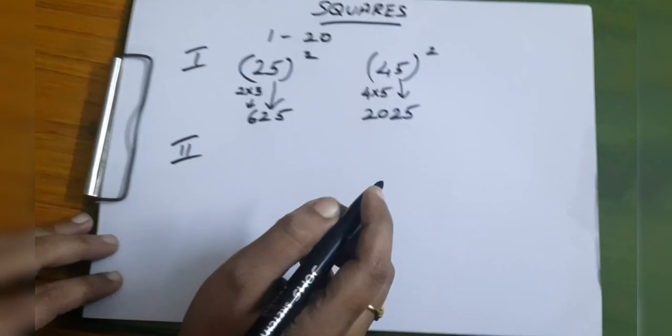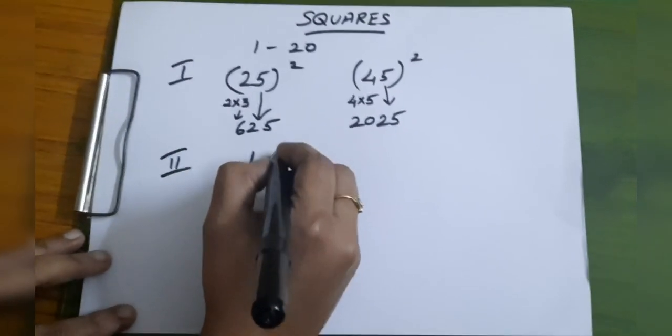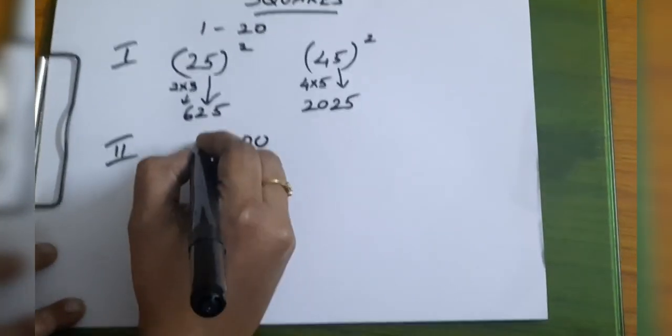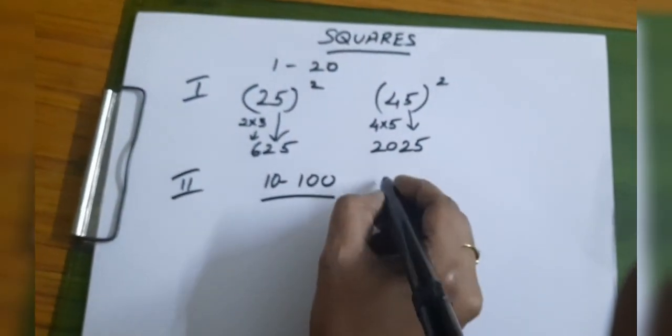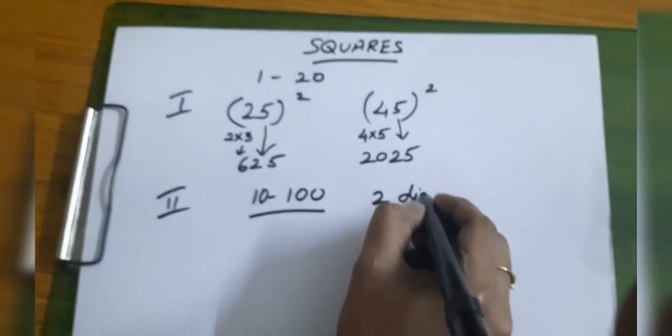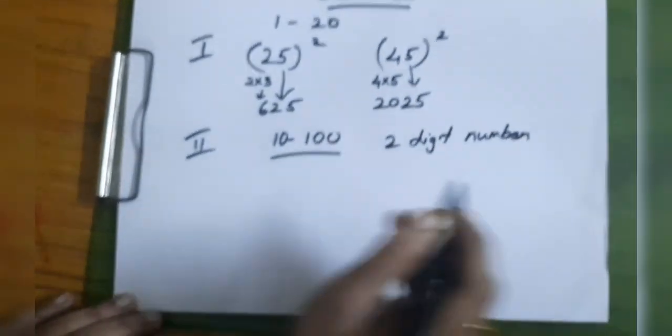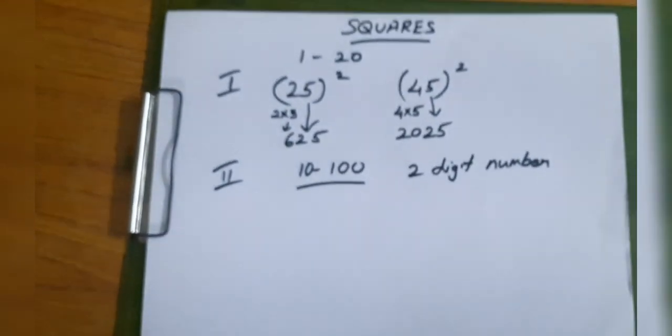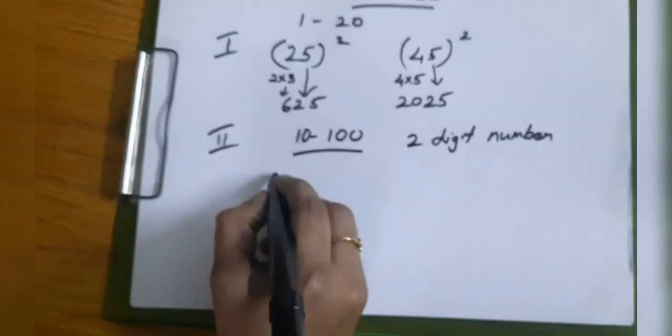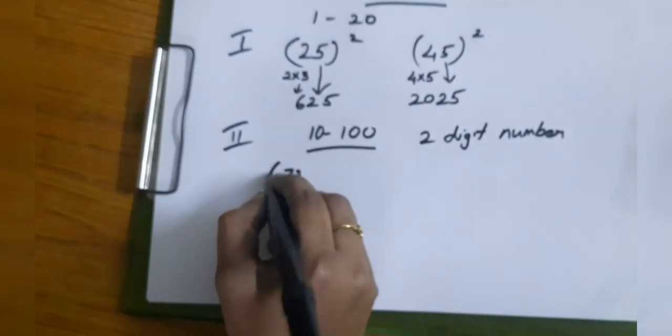Second, we'll find the squares from 10 to 100. So let's find the squares of any 2-digit number. For example, I am taking 32 square.